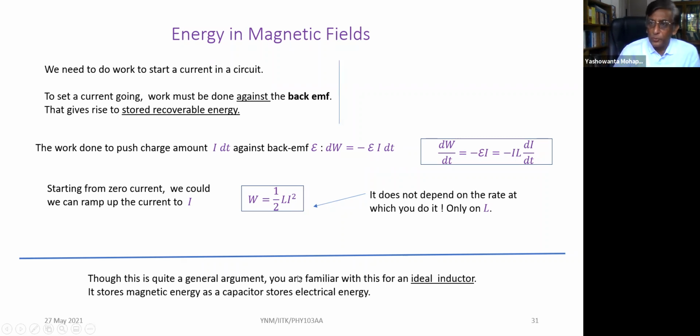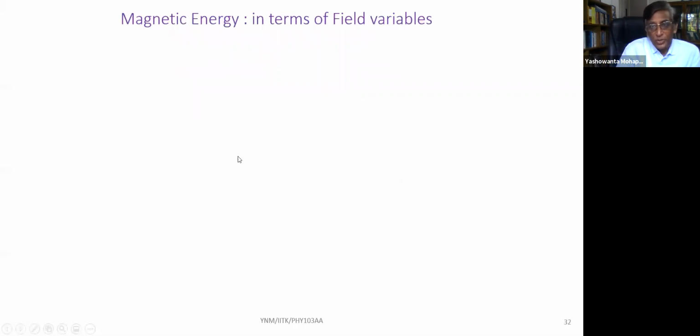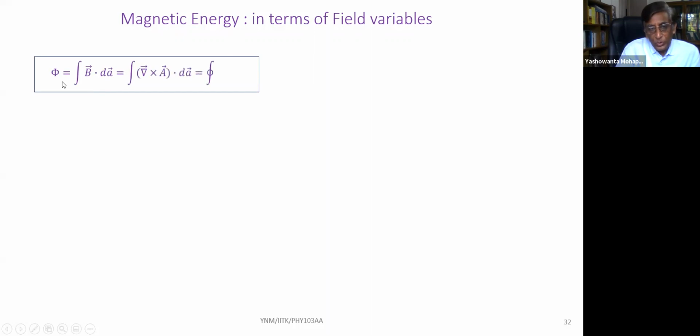This was from the circuit point of view, but we have been doing the field point of view. So let's look at magnetic energy from the field point of view, in terms of field variables. We know that total flux is B going through an area dA, so B dot dA. But B I can always express as del cross A, dot dA, and convert it through Stokes theorem to the line integral of A dot dl.